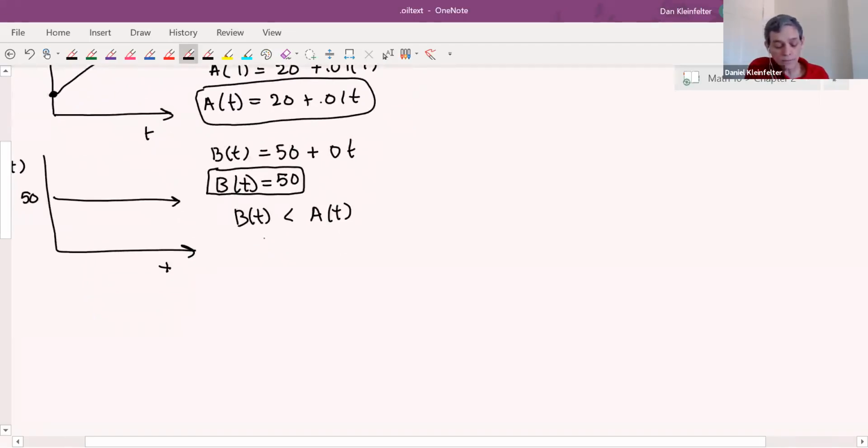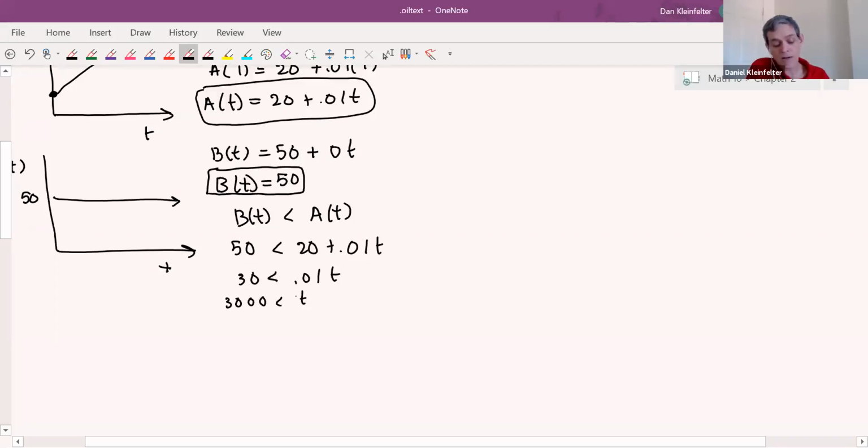So B of T is 50, and then A of T is 20 plus 0.01 T. So a little linear inequality to solve. Let's subtract 20 from both sides. That will give us 30 is less than 0.01 T. And then multiplying both sides by 100, that will be 3,000.